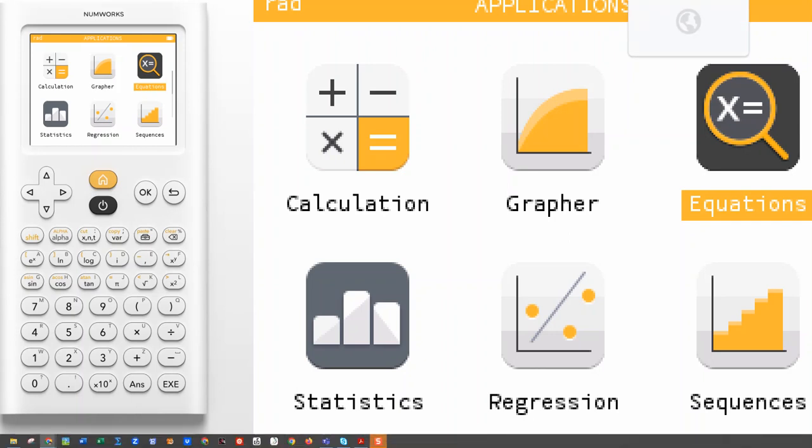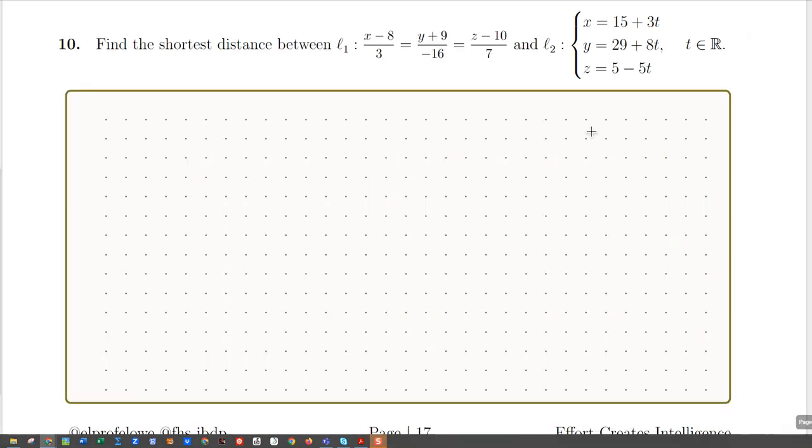Okay, so let's look at another question here. Let's say that we are wanting to find the shortest distance between two lines. There's various approaches that we could use. One of the things that can help is to think of a vector form of our equation.